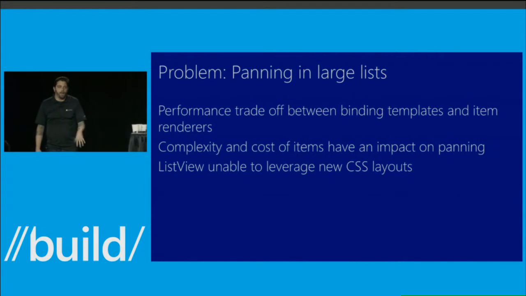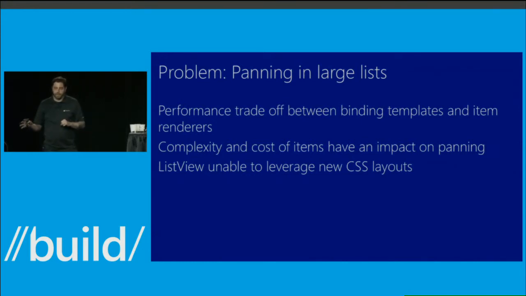The HTML platform is going to have to do layout, display, and formatting on all of those items. So the cheaper the item is, the faster you can render it, and the better your panning performance is going to be. If you have really big, complex ones, it's going to impact your performance. That's all about the issues we've seen on your side of that relationship.